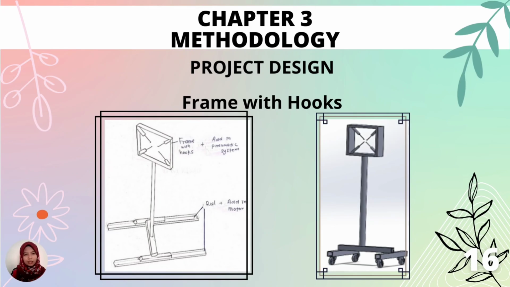Next is the design of the frame with hooks. The hooks on the frame will move with the help of a pneumatic system, and the frame will move on the rail, which will be equipped with a motor.